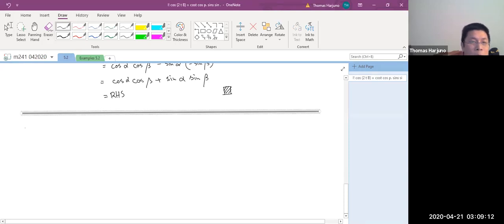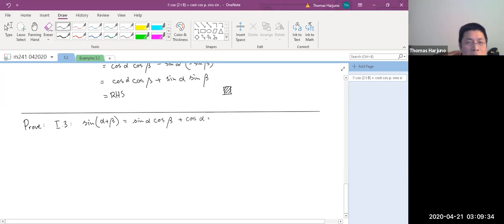So proof 1, 3, that is sine of sum equals sine cosine plus cosine sine.